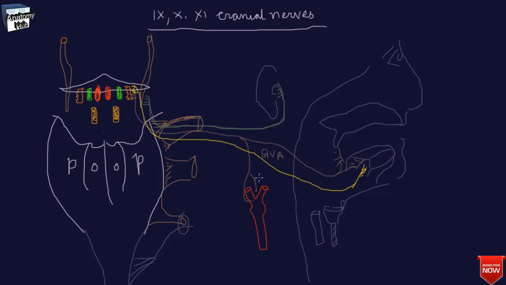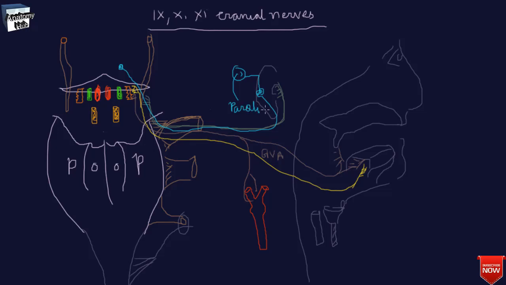Like that we will find the inferior salivatory nucleus over here, and it carries the parasympathetic outflow towards the tympanic branch, and from this tympanic branch the lesser petrosal nerve arises. Yesterday we studied about the auricular nerve; after relaying to the otic ganglion, it innervates the parotid gland.